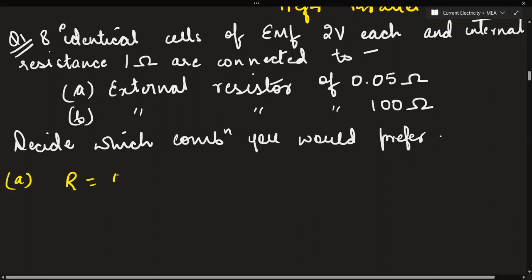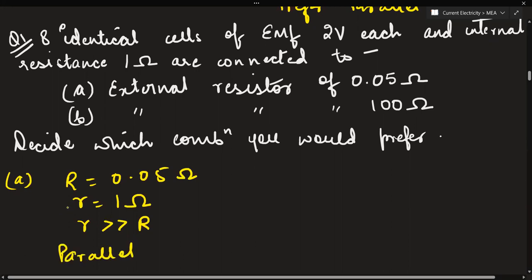Small r is 1 ohm. This is comparatively a bigger number. Small r is greater than capital R. Which combination is this? This is parallel combination, so you prefer parallel combination.